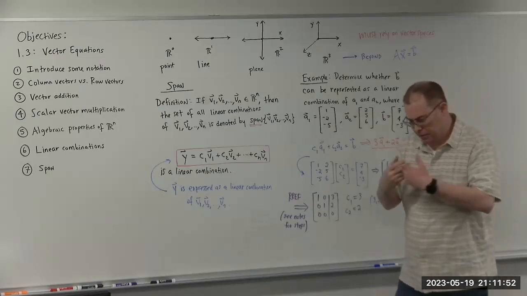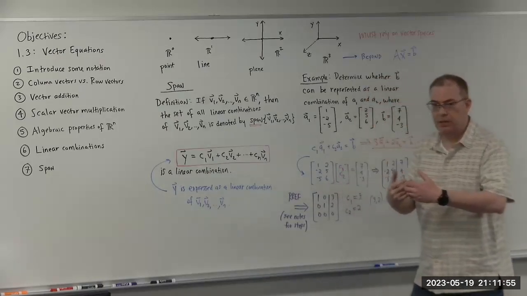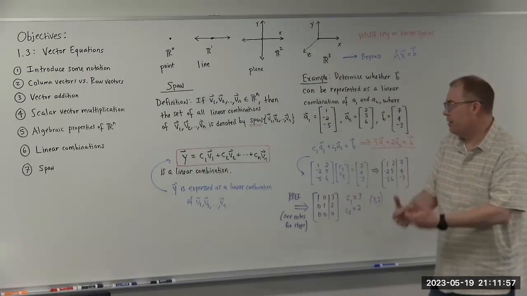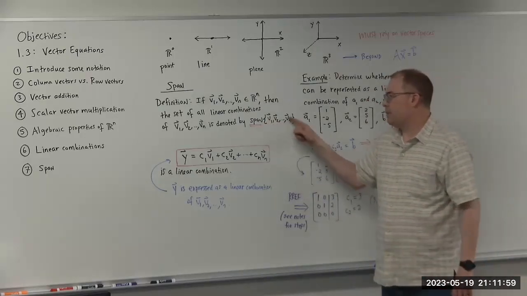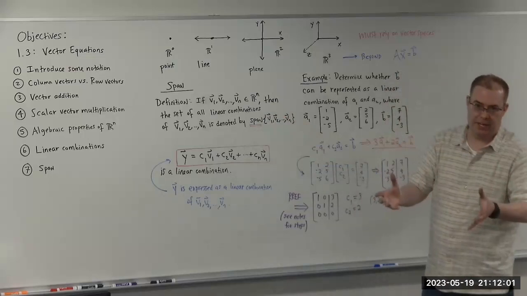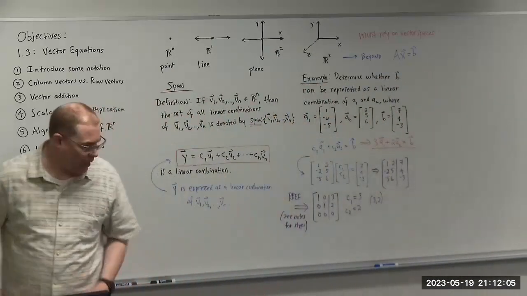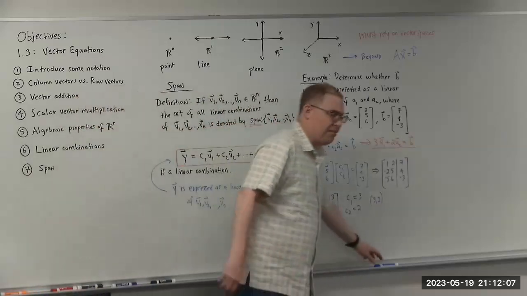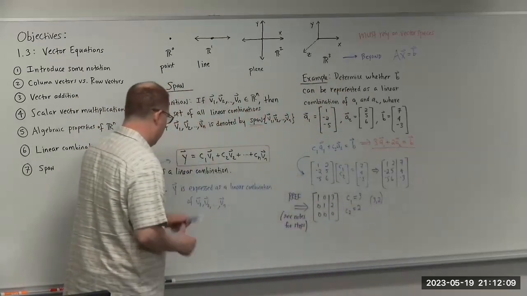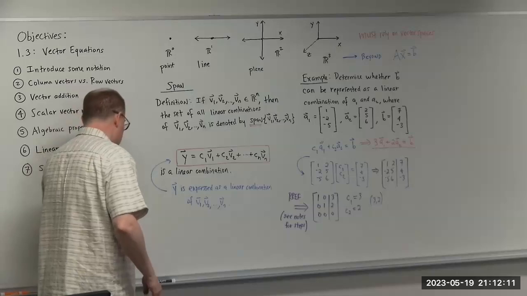It can be written in terms of the collection of vectors that are given. So this represents all possible linear combinations. That's all that means. It's just a fancy term for this.